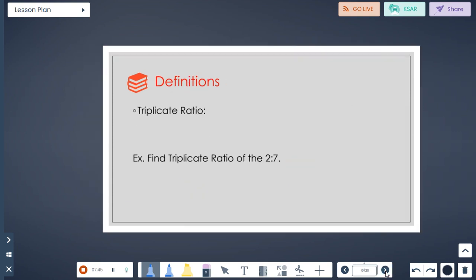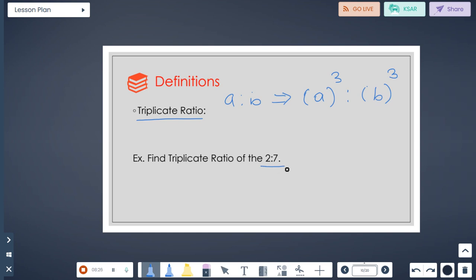Next, triplicate ratio. Triplicate means simply we have to find the cube of that ratio. Suppose any ratio A is to B, and we have to find the triplicate ratio, we find the cube of that ratio: A cube is to B cube. For example, find the triplicate ratio of 2:7.